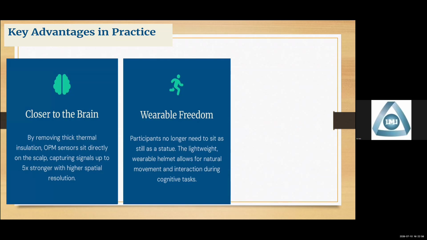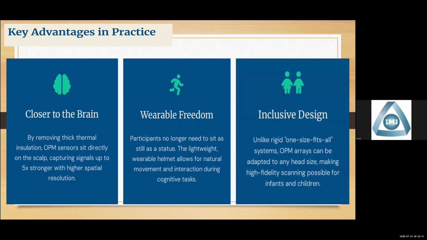The lightweight wearable helmet allows for natural movement and interaction during cognitive tasks. Inclusive design: unlike rigid one-size-fits-all systems, OPM arrays can be adapted to any head size, making high fidelity scanning possible for infants and children.